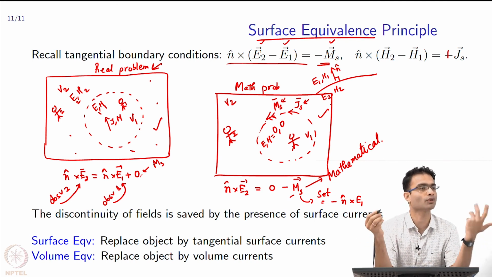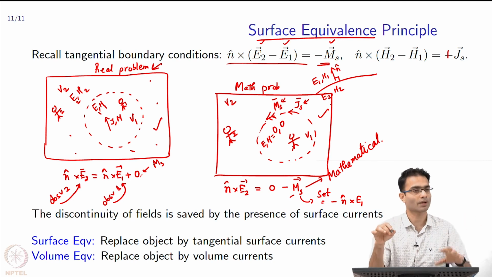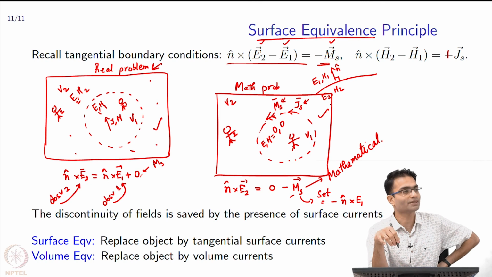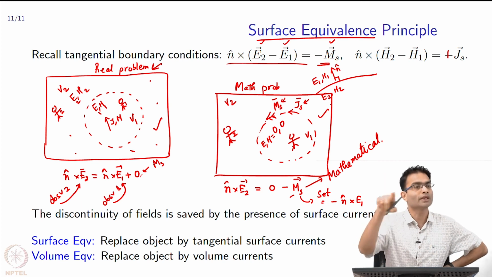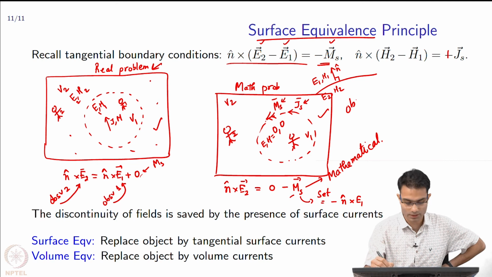So, observer 2 did not know what happened, but if you look at the overall picture, what have I done? I have punched out one volume and replaced it by 0 fields, okay, and a set of equivalent surface currents. Okay. So, object is replaced.